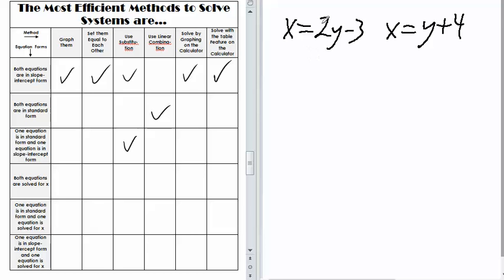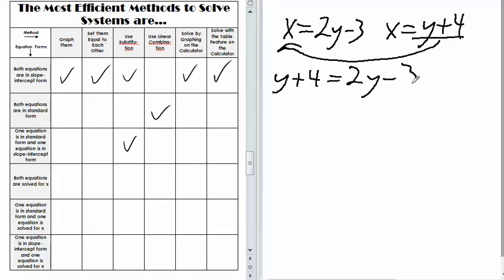But we could set them equal to each other because they're both equal to x. So we would take that and put it where the x is. So y plus 4 equals 2y minus 3. And then we would be able to solve that for y.